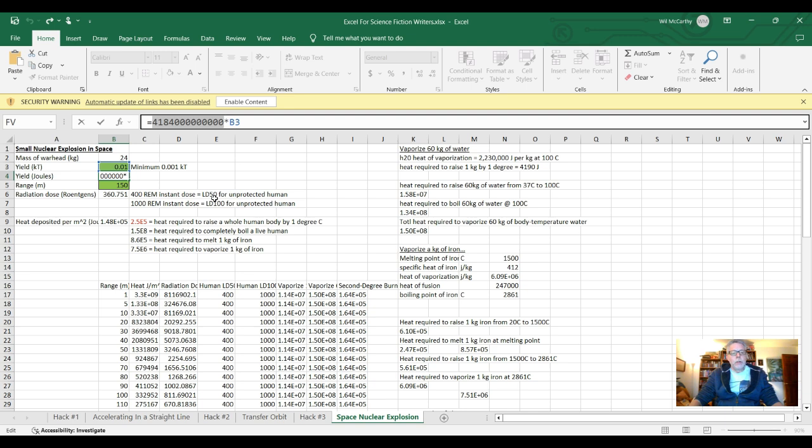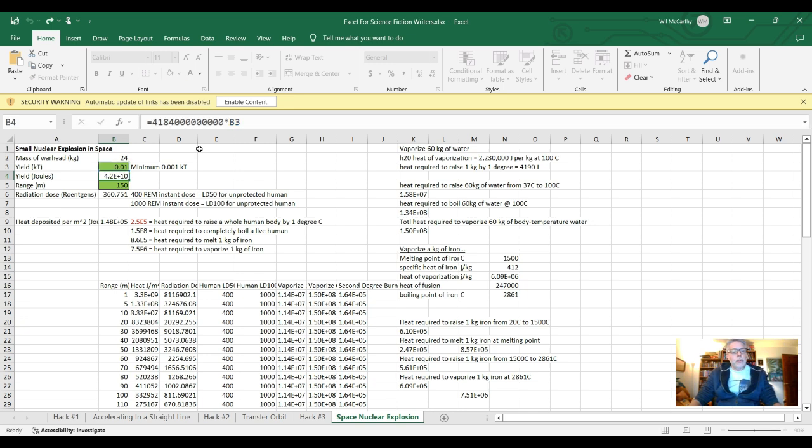A kiloton is a unit of energy, and so is a joule. So we look up this conversion factor on the internet, and that tells us how many joules are released by our explosion. And the answer is 4 times 10 to the 10th joules.